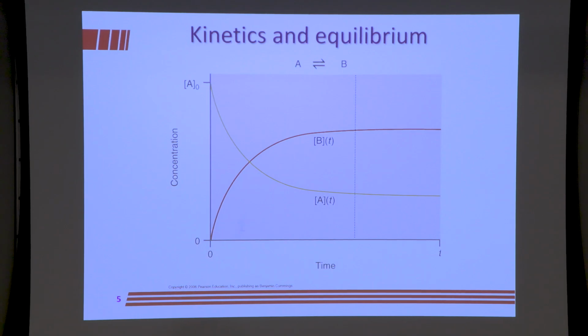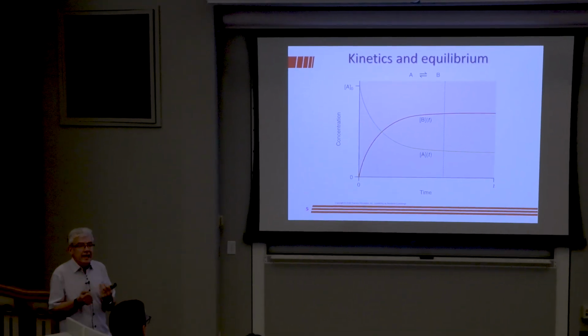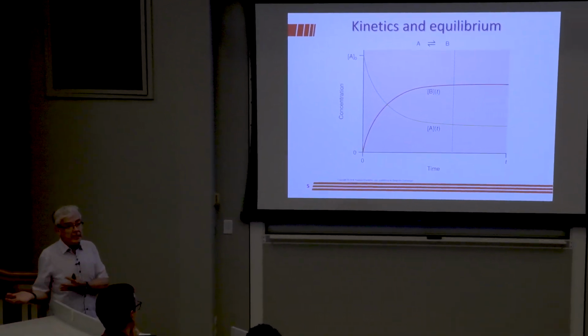When we look at this diagram, typically we consider this part to be kinetics and this part to be equilibrium. All right? But if we look at this graph, there's no separation. So there's actually a link between kinetics and equilibrium.